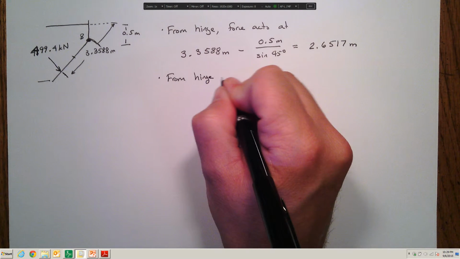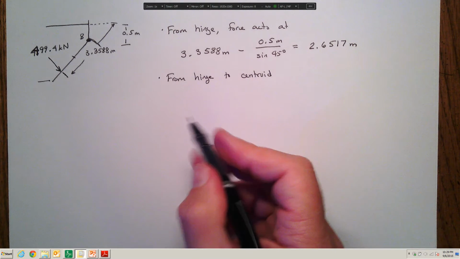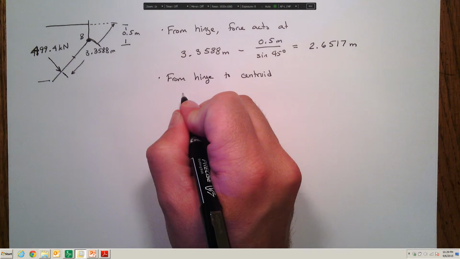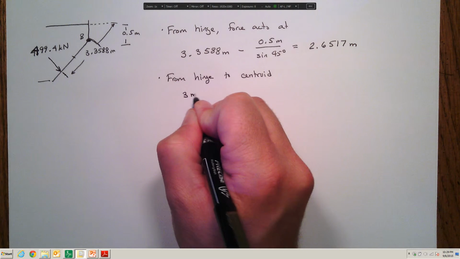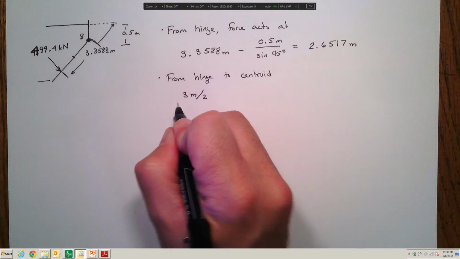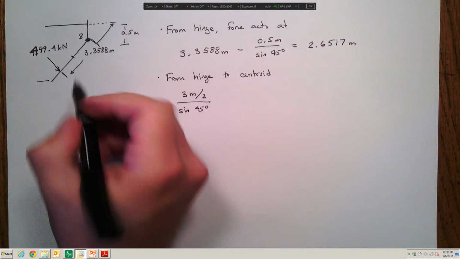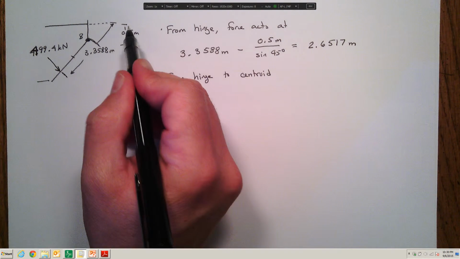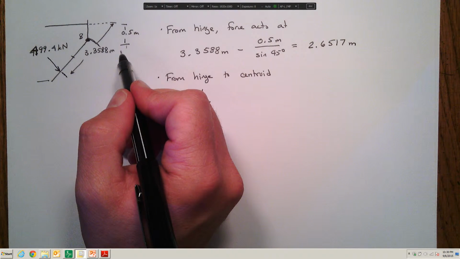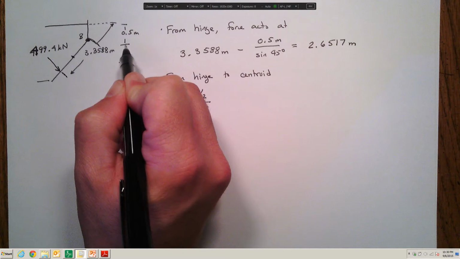From the hinge to the centroid, we know the centroid was located along the y-axis at a distance of 3 meters divided by 2, so that's 1.5 meters, divided by the sine of 45 degrees, because the gate is 3 meters down and the centroid is halfway down.